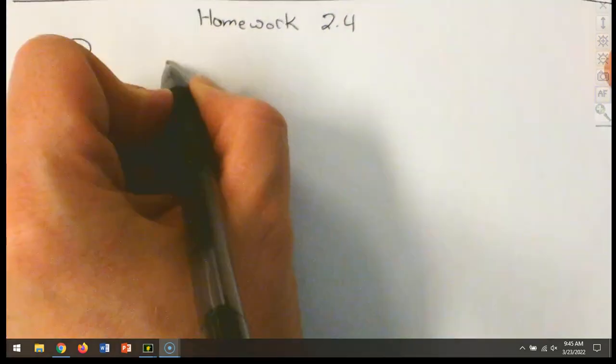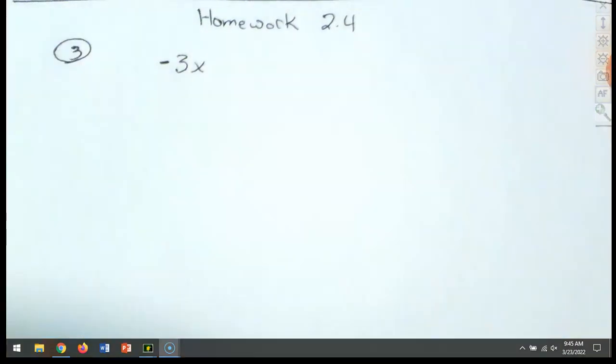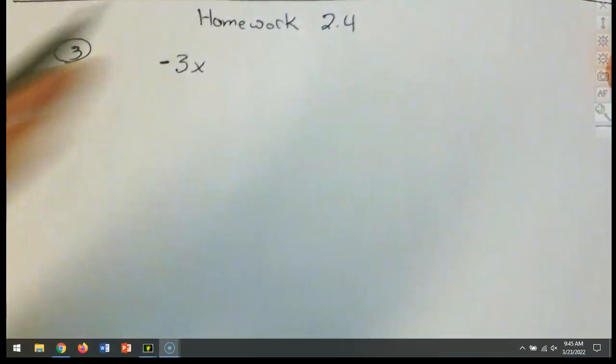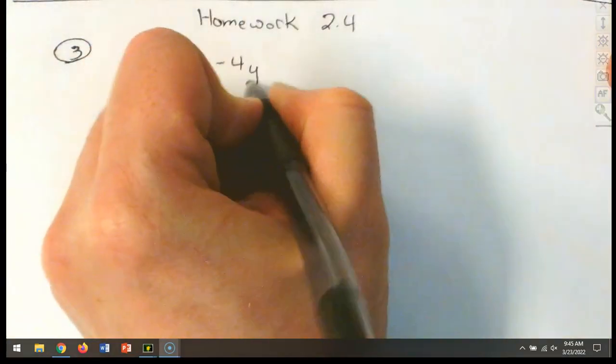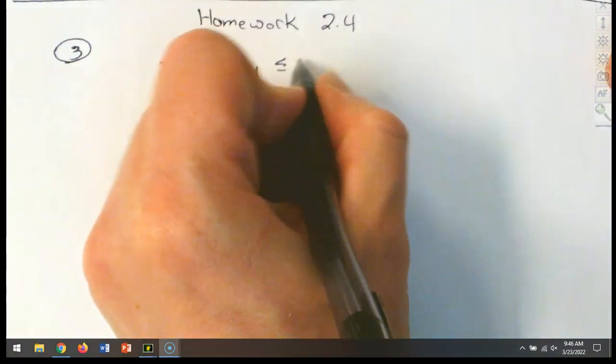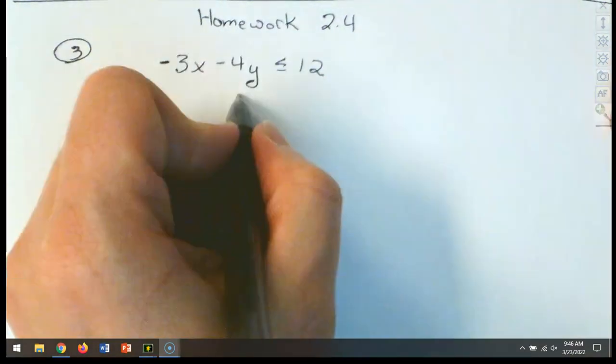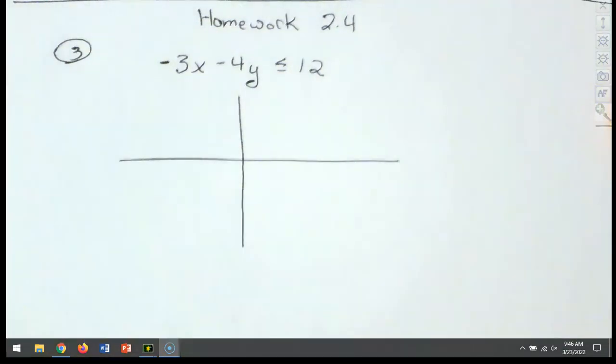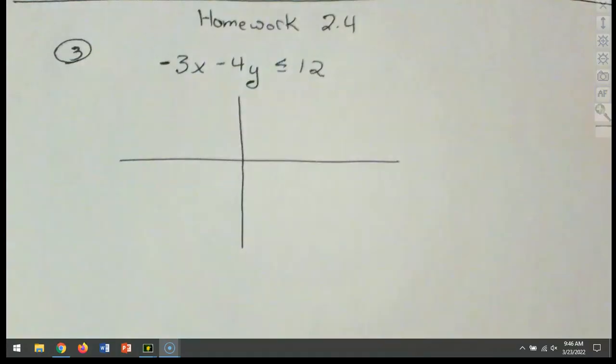So on question 3, they give you this inequality: minus 3x minus 4y is less than or equal to 12. And they give you a graph. Okay, and your graph looks like this.